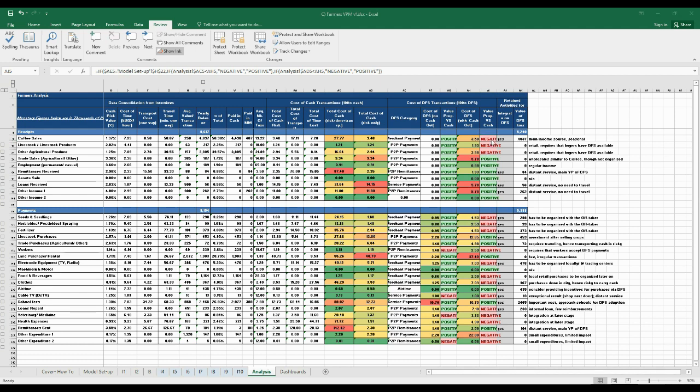So for this reason, the fact that there are other variables that the model does not factor in, we added this column here, which is integrate on DFS, yes or no. So do we want to try to move farmers from cash to mobile money in this case, yes or no?